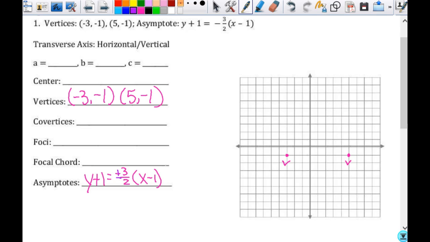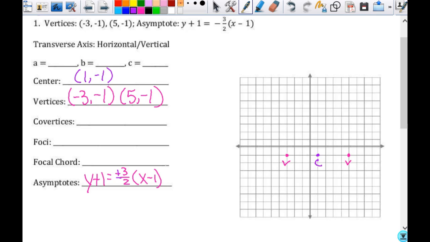And midpoint's easy, you just average the points. On the graph, it's easy to find too. We can just eyeball and count, and that's fine. That's still finding the midpoint, and that's your center. So it does end up being that your center point is (1, -1), but just know it doesn't necessarily have to be. I can even give you the line in a different form. So I know my center point is at (1, -1).